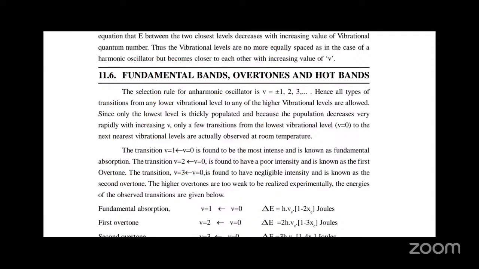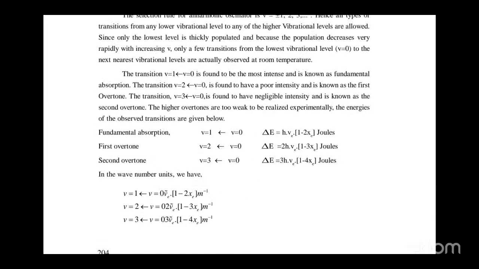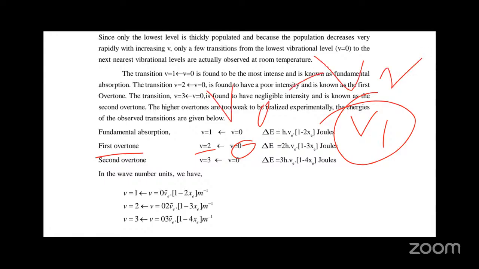So starting from V naught, leaving V1, going to higher transition levels. Here you can see the first overtone, V naught to V2, where we leave V1 and do not observe the transition from V naught to V1. The transition takes place from V naught to V2. The second overtone is V naught to V3.